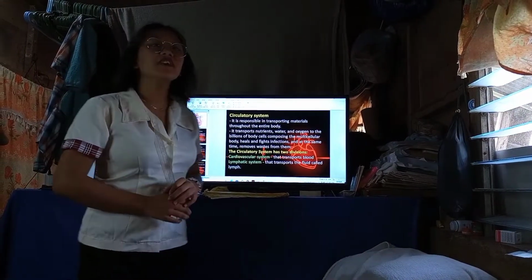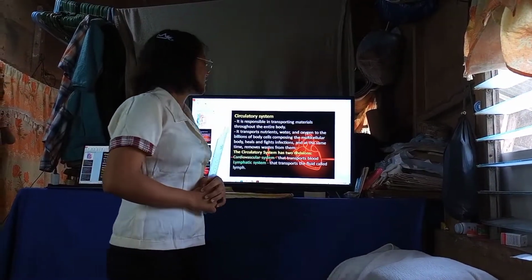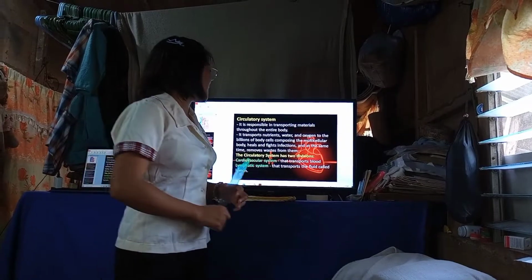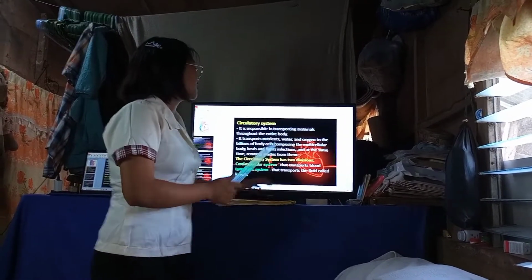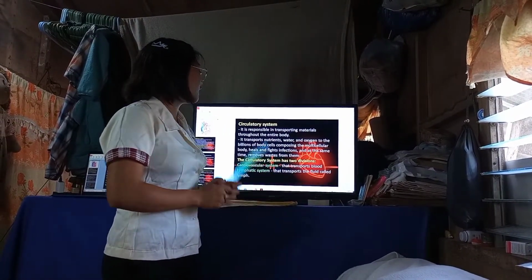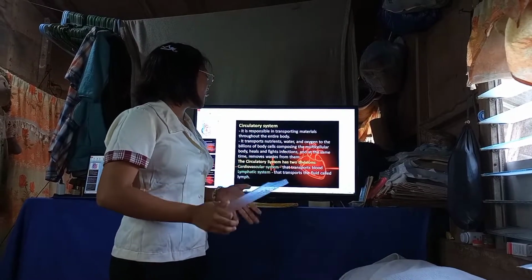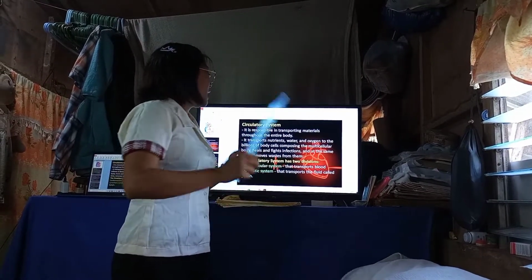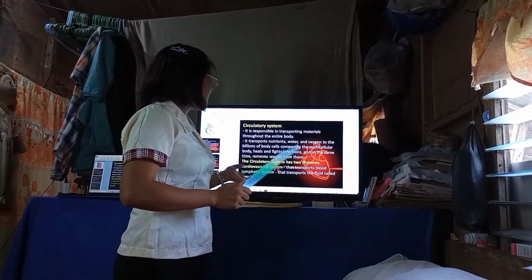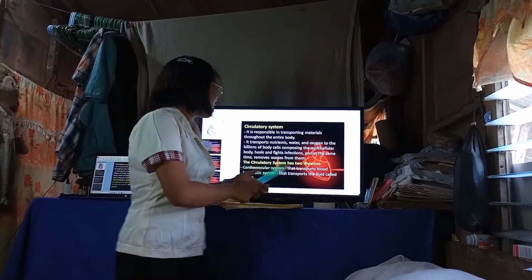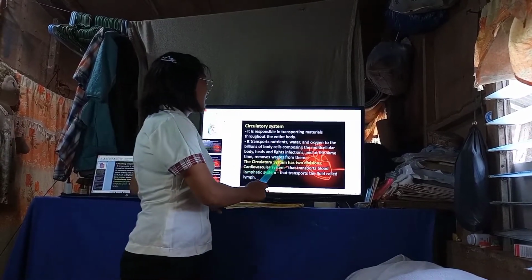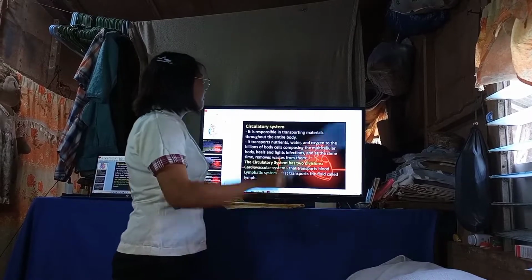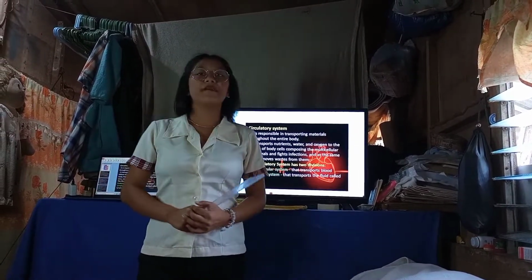So, the circulatory system. What is the circulatory system? The circulatory system is responsible for transporting materials throughout the entire body. It transports nutrients, water, and oxygen to the billions of body cells composing the multicellular body, heals and fights infections, and at the same time removes waste from them.